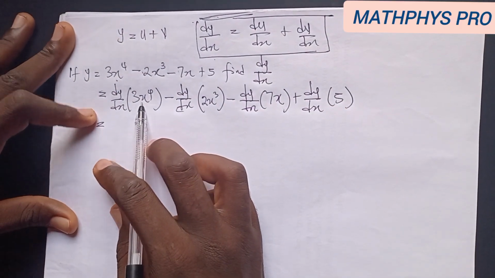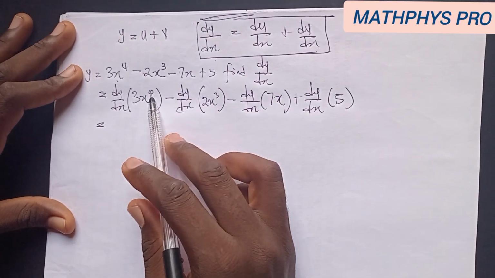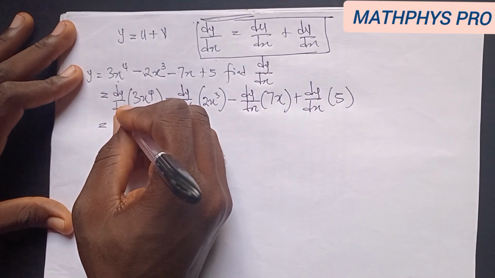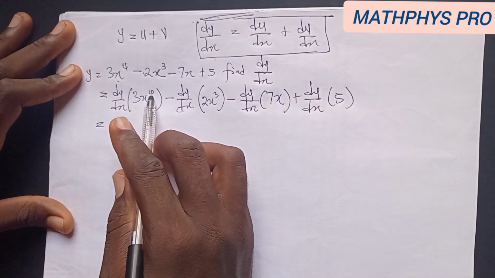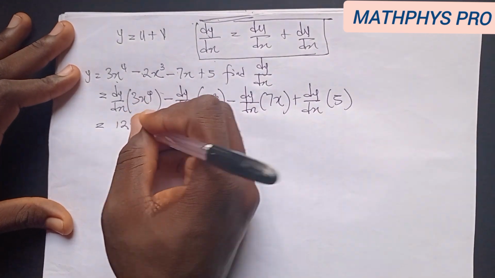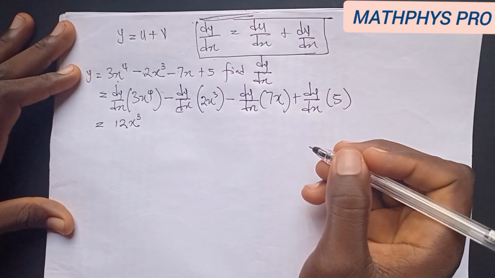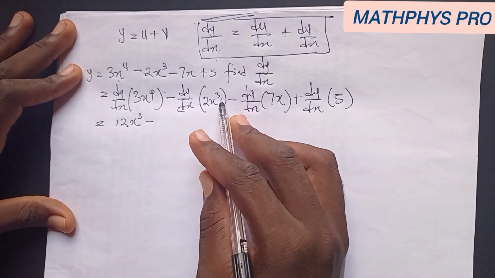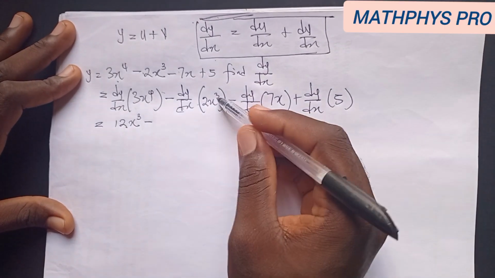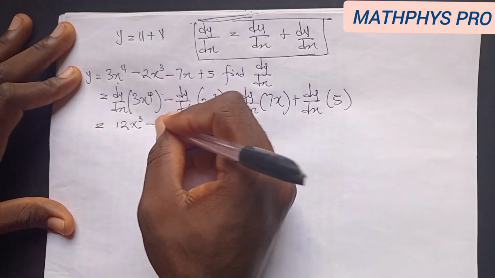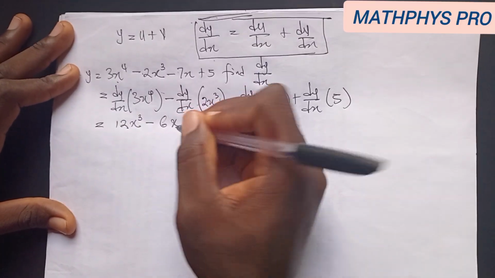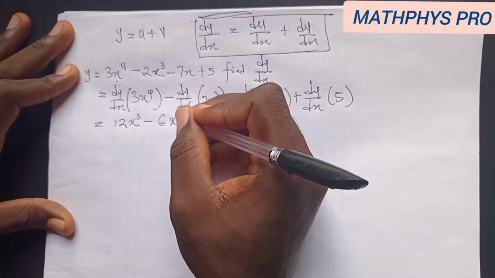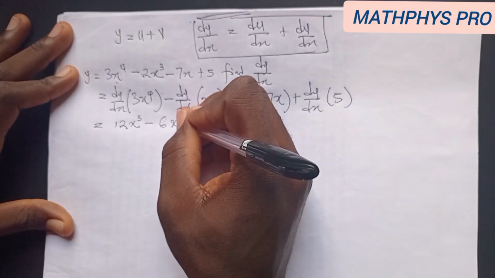To find the derivative of 3x raised to the power 4: 4 times 3 gives you 12, and 4 minus 1 gives you 3, so we have 12x raised to the power 3. Minus the derivative of 2x raised to the power 3: 3 times 2 gives you 6, and 3 minus 1 gives you 2, so 6x raised to the power 2.